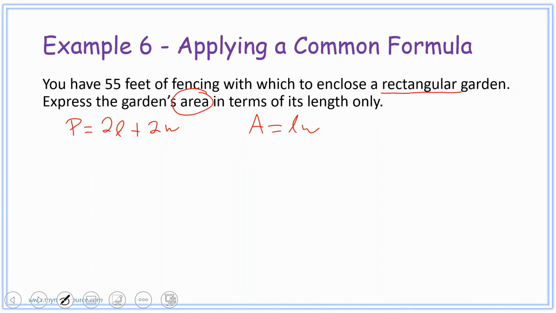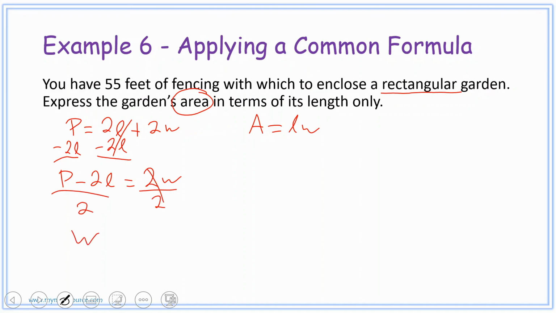So if we do that, we can subtract the 2L, and what we do to one side, we do to the other, and that cancels out. We have P subtract 2L is equal to 2W, and then divide both sides by 2. Right, and so once we do that, we have W is equal to P subtract 2L all divided by 2.